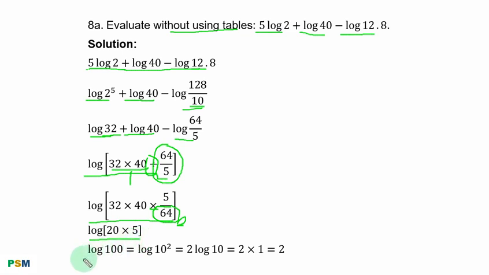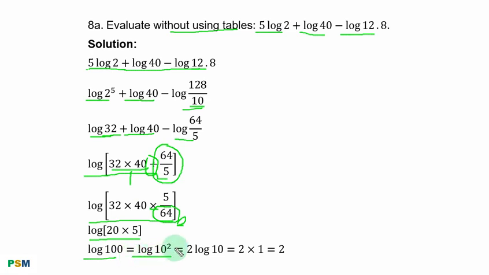That is log 100. Remember, the common base here is 10. When no base is given to you, you work with common base 10. In order to have log 10 base 10, which is 1, we have to express log 100 as log 10 squared.